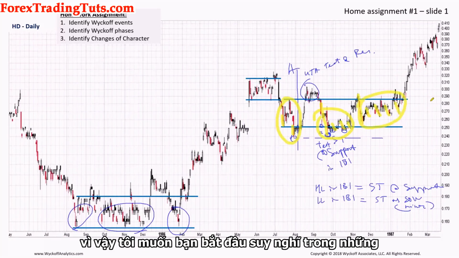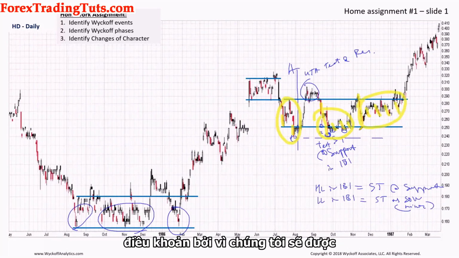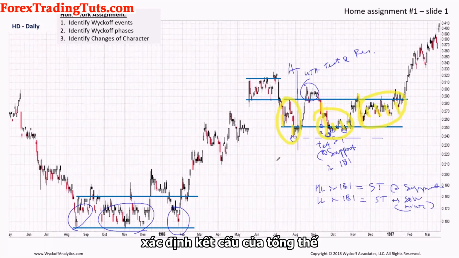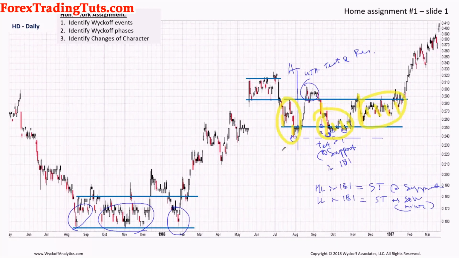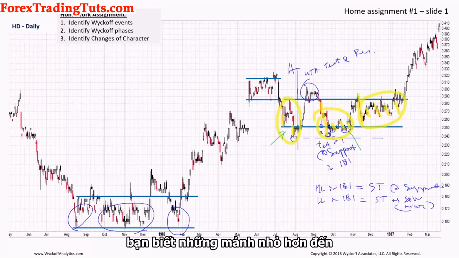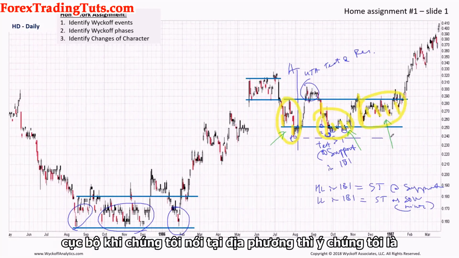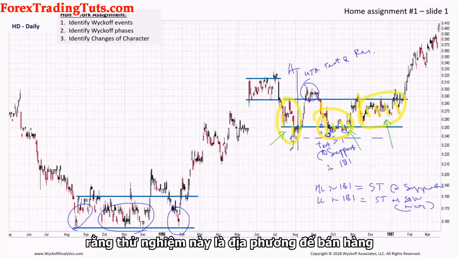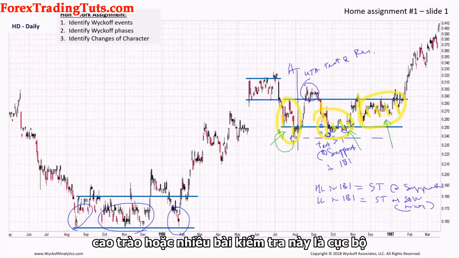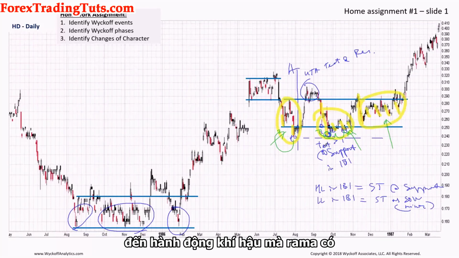So I want you to start thinking in these terms because we will be defining the texture of the whole trading range as the construction of smaller pieces that come together. And locally, when we say locally, we mean that this test is local to the selling climax, or these multiple tests are local to the climactic action that Rama has identified here.